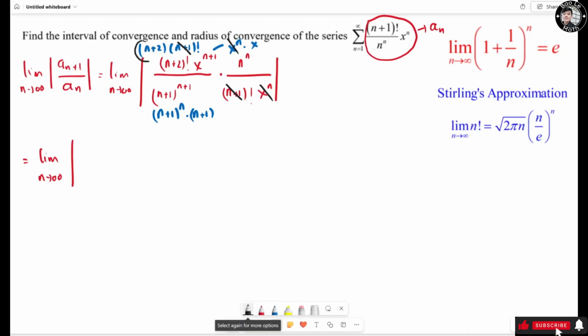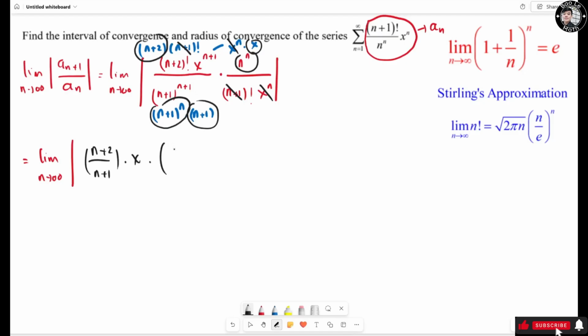Now, on the top I have n+2 and n+1 over here, so I'm going to write (n+2) over (n+1), times x right here, times this guy over here, so it could be n over (n+1) raised to the n.